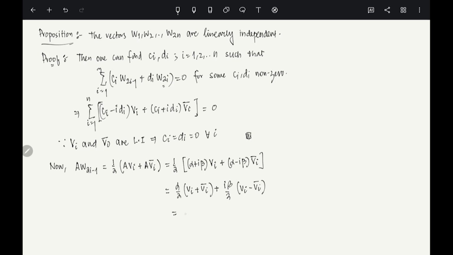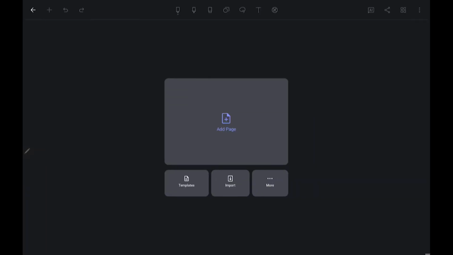Now if you write it down, this is nothing but alpha times W_{2i-1} minus beta times W_{2i}. Clear? So now what we are doing is this: we have a linearly independent set of vectors, and we want to see what happens when A acts on those vectors. So A of W_{2i-1} is this. Again, you have to calculate what happens to A of W_{2i}.